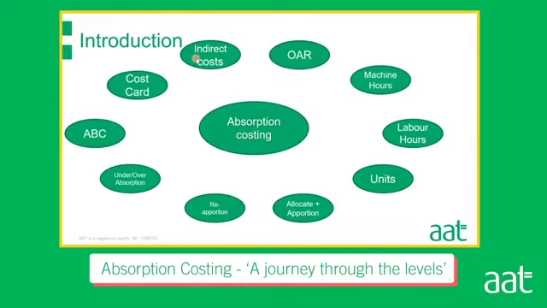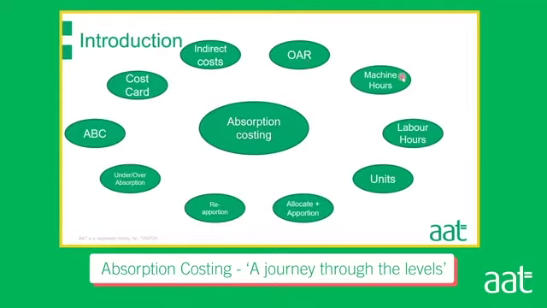Well, we calculate, don't we, at level 2, an overhead absorption rate. We basically take our bucket of overhead costs and we divide it through by a budgeted level of activity to ultimately come up with a means to charge a share of these overheads to what we're doing. But what activity do we choose?